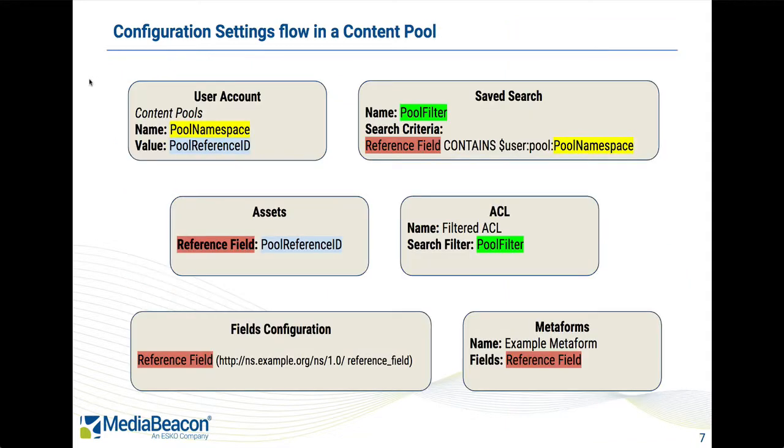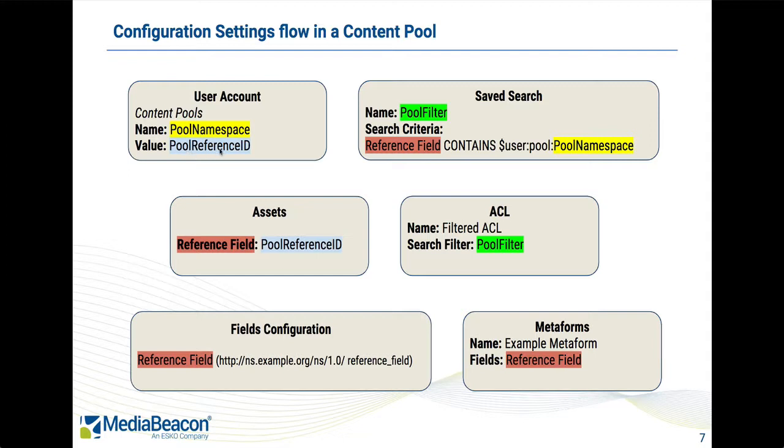Just to give you an idea of a little less abstract example of where different parts of configuration are used. We have, in the user account, the thing that is defined in the interface as the content pool. We have the pool namespace, which just identifies the pool. And that becomes part of a special string we're going to use in our saved search, called $user, pool, and then whatever string is the pool's namespace.